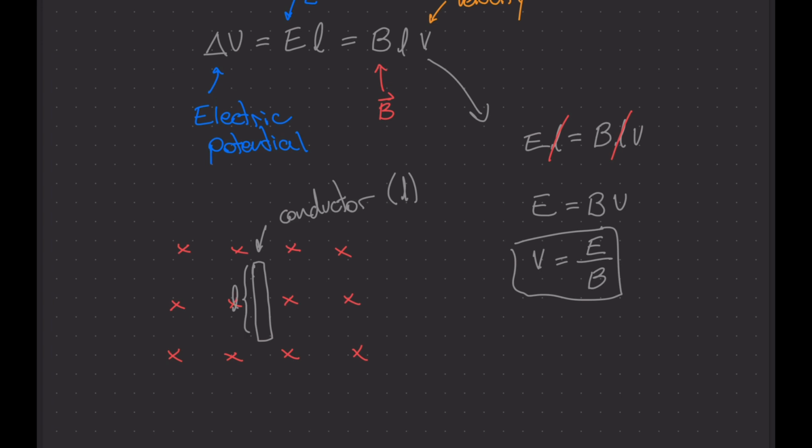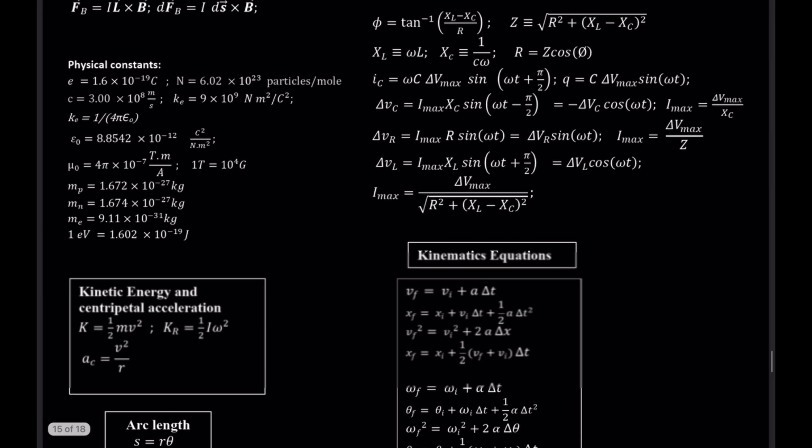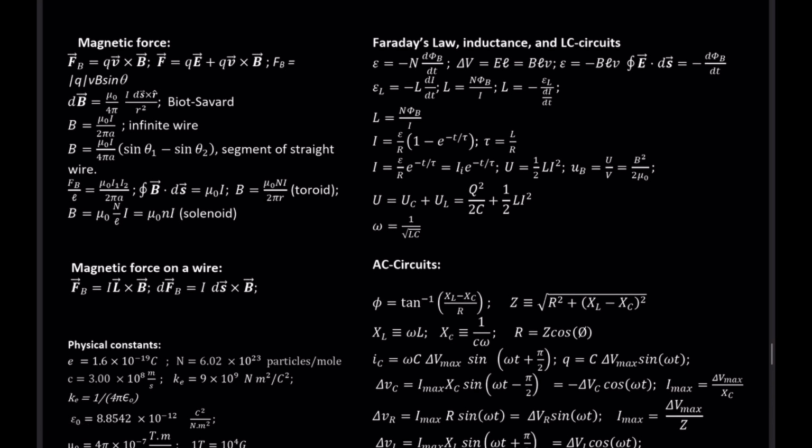So this is L, right here. If we move this conductor with a velocity v inside this magnetic field, which has a magnitude B, and the magnetic field is pointing into the page, you learned from the first section that a charge moving with a velocity v in a magnetic field B feels the magnetic force F.